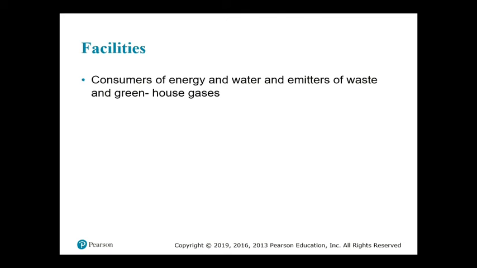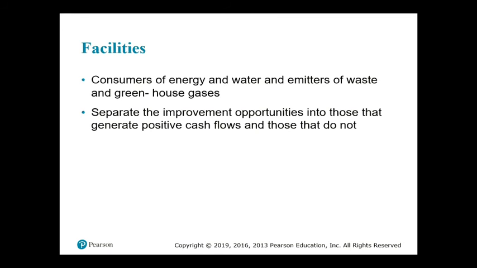So successful companies separate the improvement opportunities into those that generate positive cash flows, which also helps with the economic aspects, and those that do not. Then they start with implementing the profitable projects first and deal with the higher hanging fruits later.